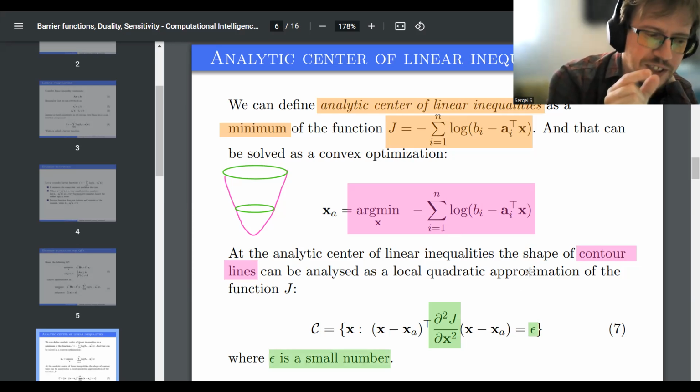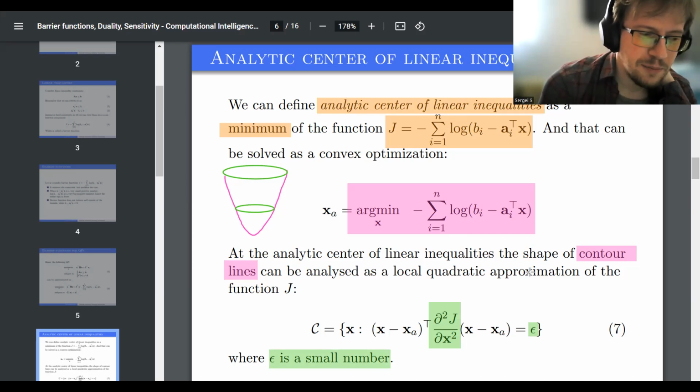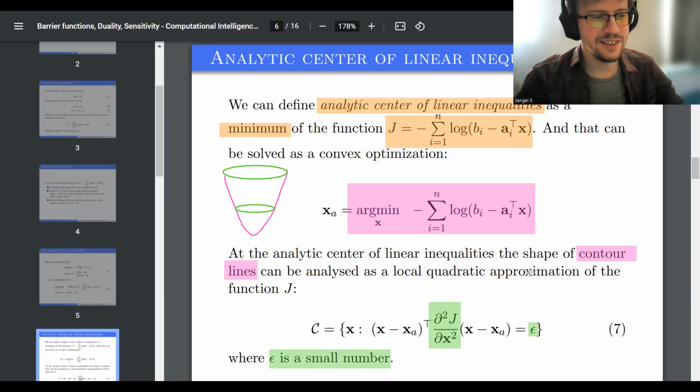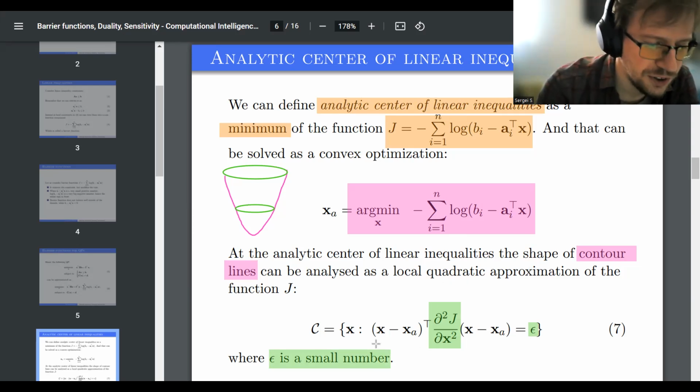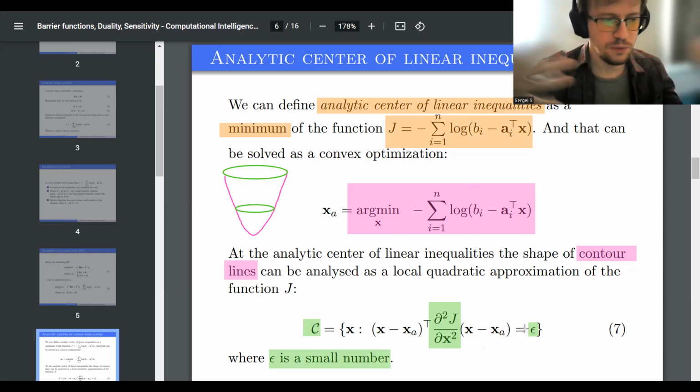So in the small vicinity of the analytic center, it's definitely true. But the further you extend this ellipsoid, the less true it is. So it's going to be a contour line as long as epsilon is small. If epsilon is not very small, then this is not a contour line. That is why we choose epsilon small, because the contour line is going to be deformed.